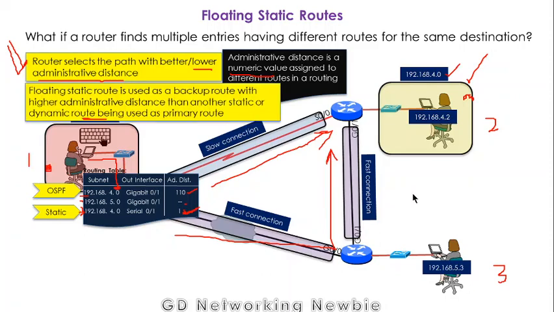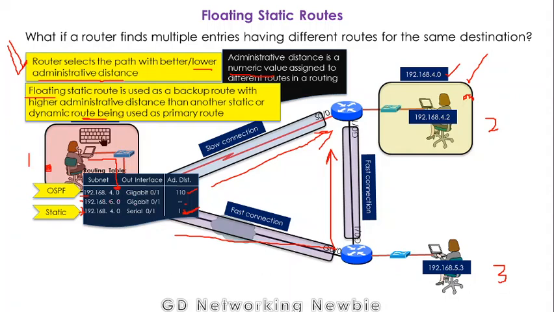Now, what is a floating static route? In this case, a floating static route is used as a backup route with higher administrative distance. So there will be multiple routes, and one of the routes has to be a floating static route, and its administrative distance has to be higher than the other route which is available in the routing table.